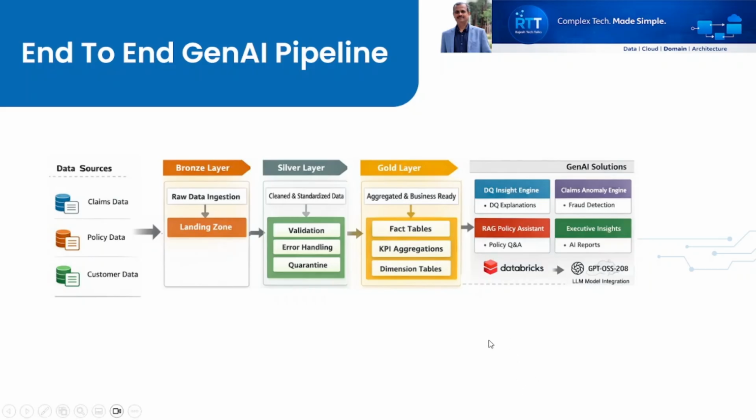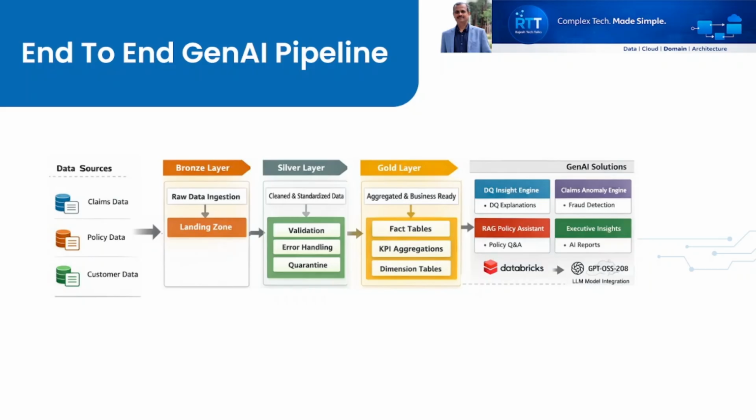Let's see the summary of this pipeline flow. The flow of the data which we saw here is called the end-to-end pipeline. And since we are generating Gen AI based applications by consuming the data sitting in the gold layer, I am calling this a Gen AI end-to-end pipeline.